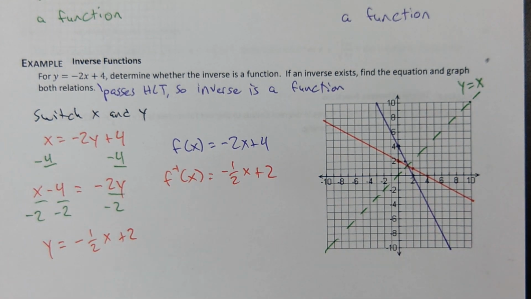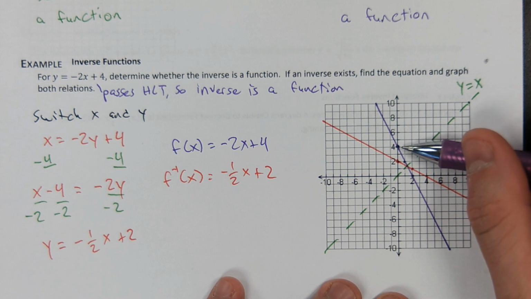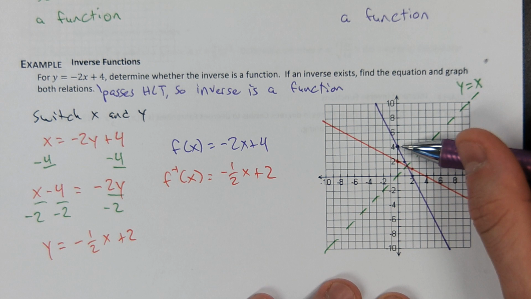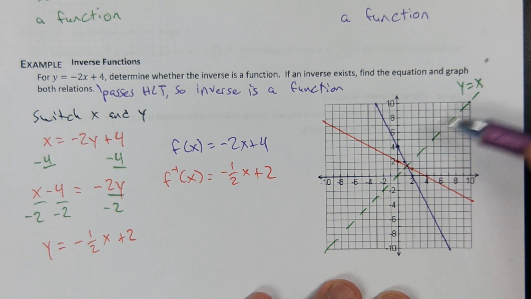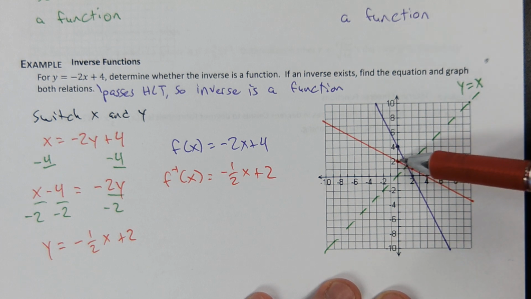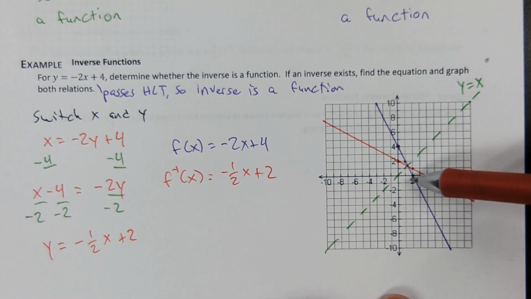Also, look at this. The purple y-intercept was 4. Well, x and y have to switch places, right? That's why the red x-intercept is positive 4. The red y-intercept is positive 2. Well, x and y switch places. That's why the purple's x-intercept is positive 2.